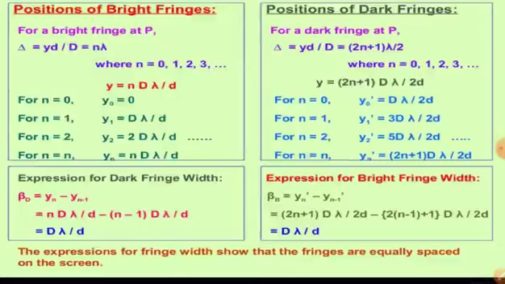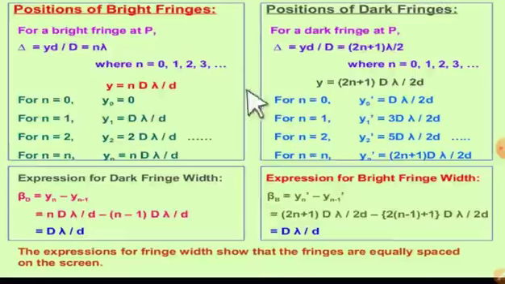Got it? So for the position of the bright fringes at P, your path difference, which is expressed as Y small d by capital D, will be equal to an integral multiple of lambda. And in the case of destructive interference, it will be an odd multiple of lambda by 2, right?